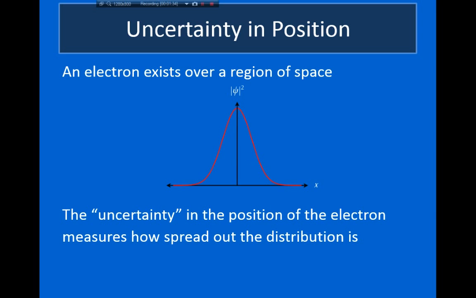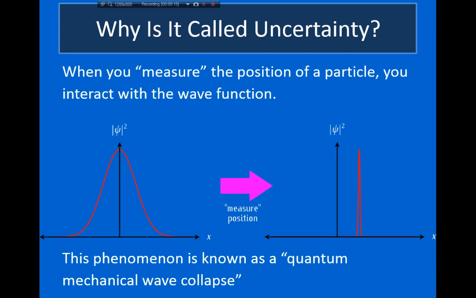So to understand why we call this the uncertainty, suppose for a moment that I try to measure the position of an electron, and let's say this electron is described by this very broad wave function that I have shown here. And let's say I just shine a whole bunch of light on this electron, and then I observe how those photons scatter off of the electron, and I try to use that to calculate the initial position of the electron.